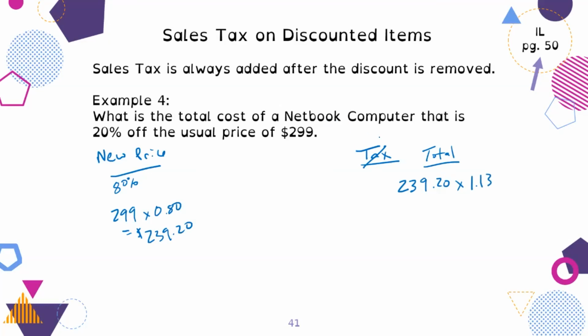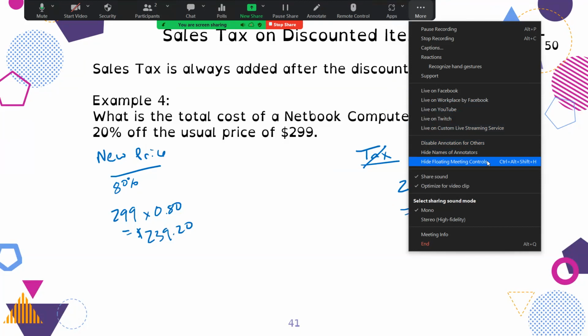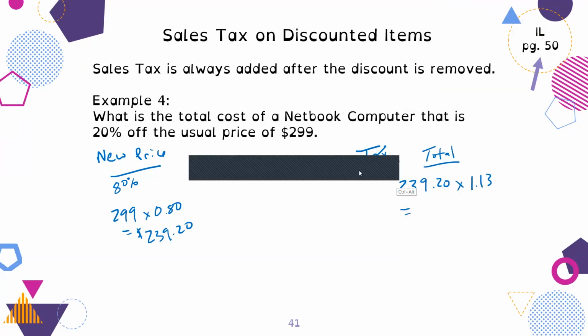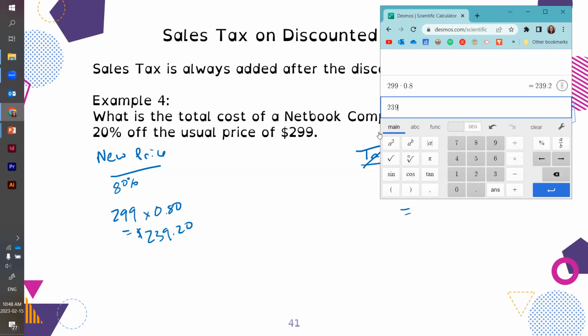Again, because it doesn't specify the tax, we're going to assume that we're in Ontario, which means our tax is 13%. Sorry about that. So 239.20 times 1.13. So this has the price plus the tax. So that's 270.30.